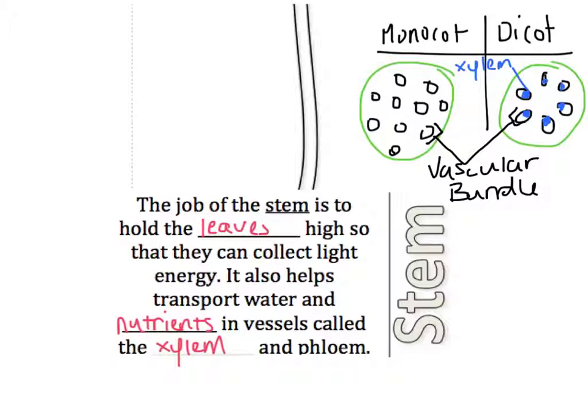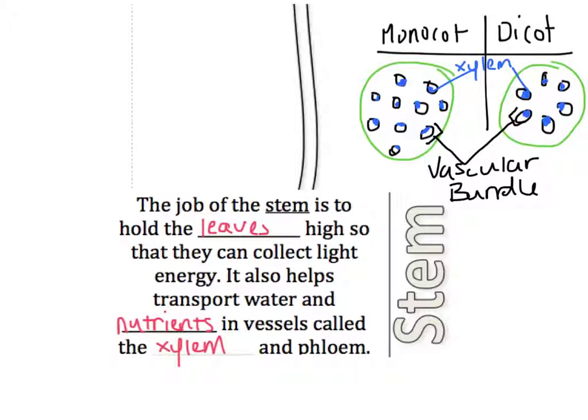In the same fashion for a monocot, xylems are located towards the center of the plant. So even though these vascular bundles are arranged kind of sporadically, the inner portion is still the xylem tubes. So that's still xylem.